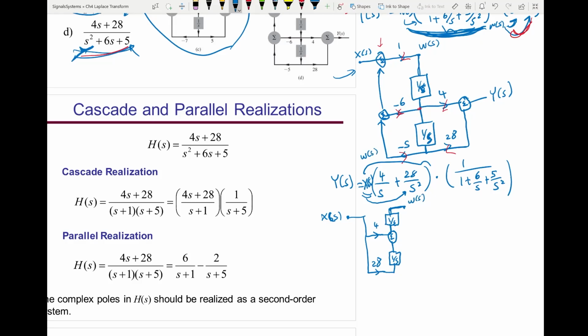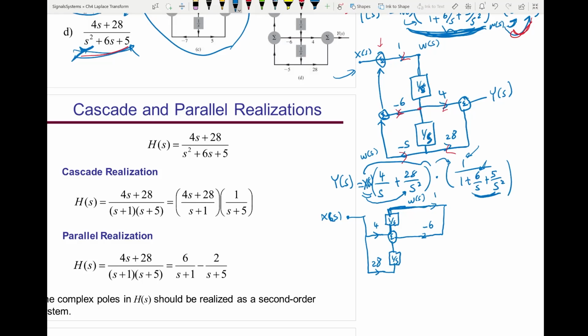W of s will be going to this feedback system. So G of s is 1, so that would be the 1, and that's H of s, the feedback. It's an integrator with amplification -6, and that would be the first integral here, and come back.